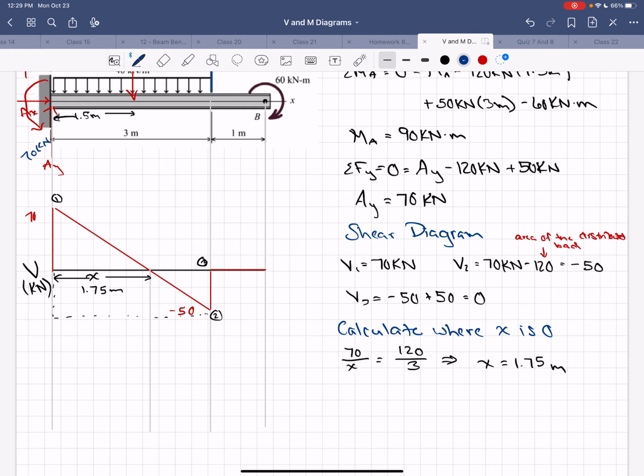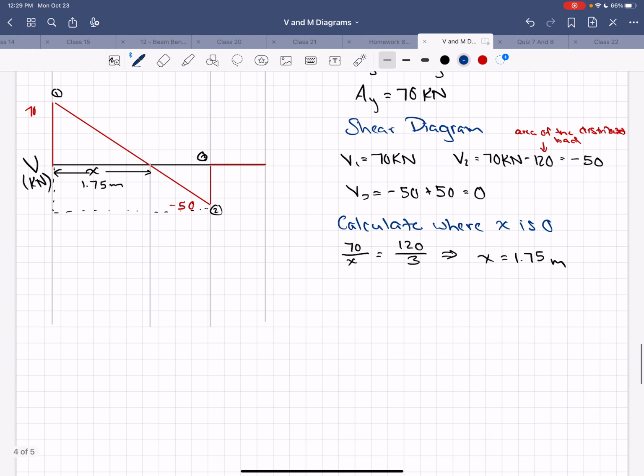Alright, so now we can calculate the moment diagram. The moment has units of kilonewtons times meters.